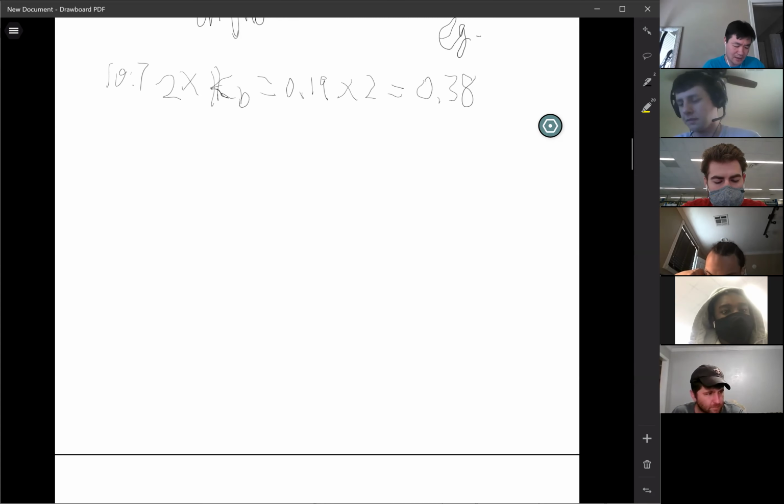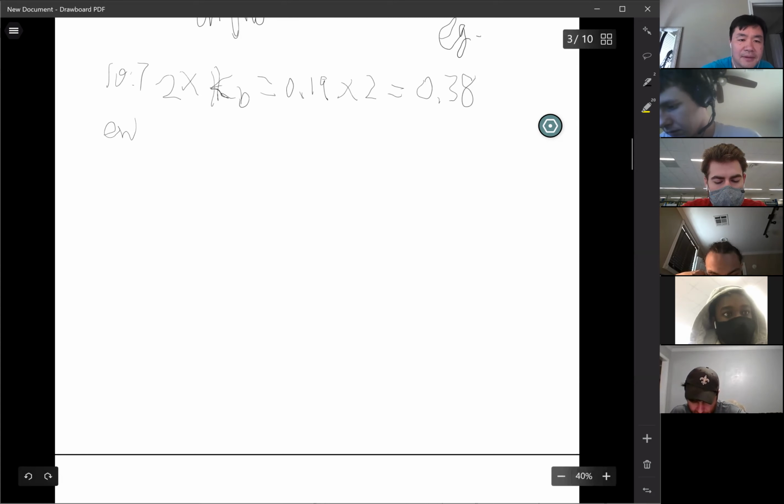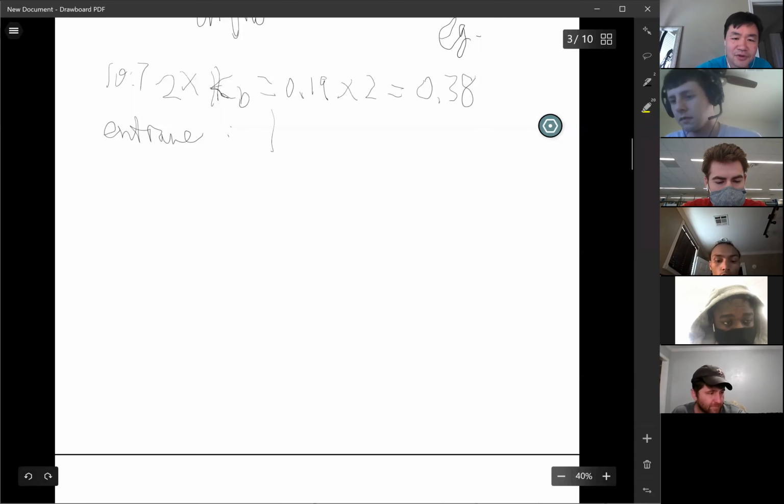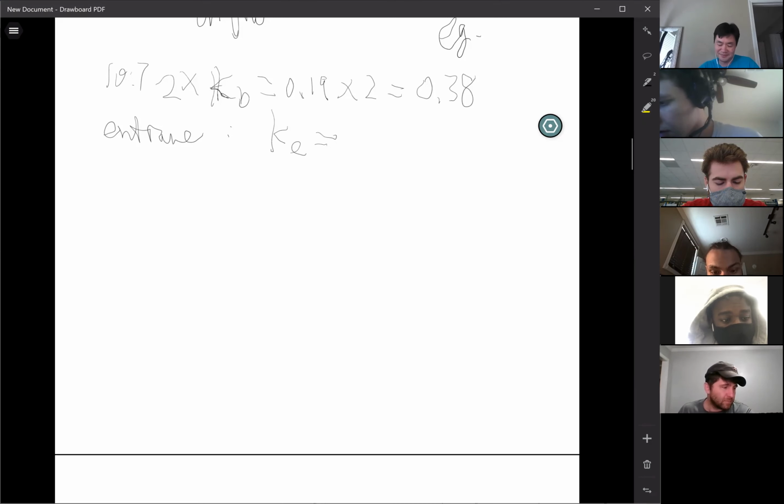Okay, this is easy. How about if there's an entrance? It's a 90-degree sharp entrance. What is the K for the entrance? Can you find it for me from this table? What is the entrance K?